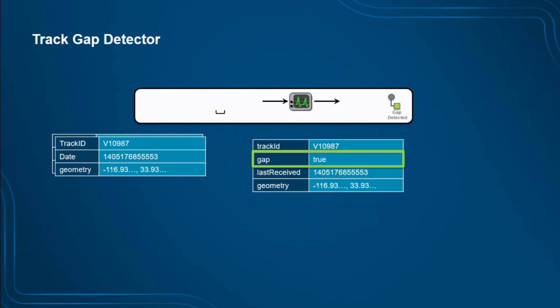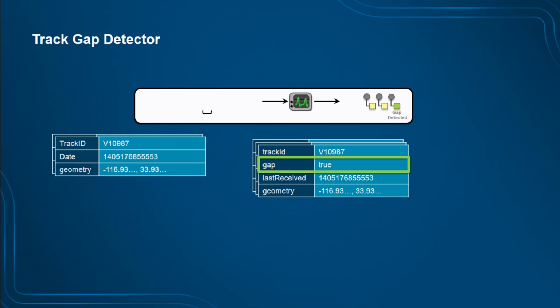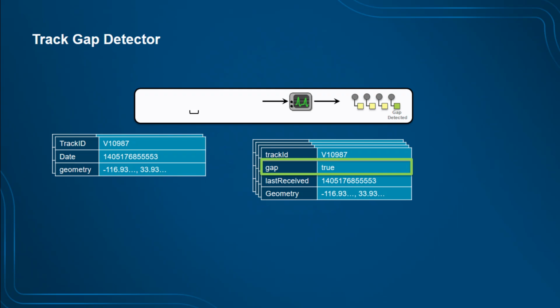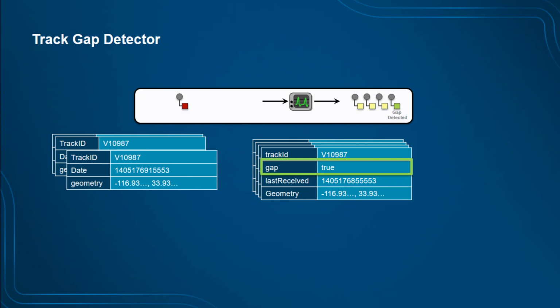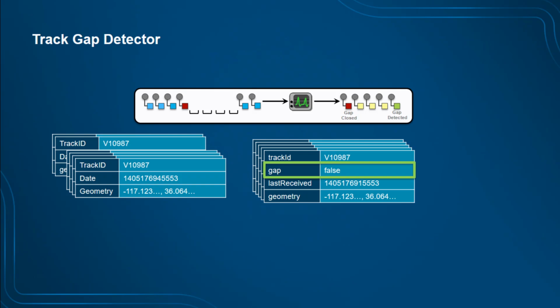And it continues to issue these GeoEvents at each interval of the track gap detector until it receives a new GeoEvent from that particular tracked asset, that sensor, at which point it issues a track gap event with gap set to false. So that sort of closes that state of track gap, and of course it issues the updated geometry for the most recently received location as well as the timestamp for it. So that's the track gap detector.